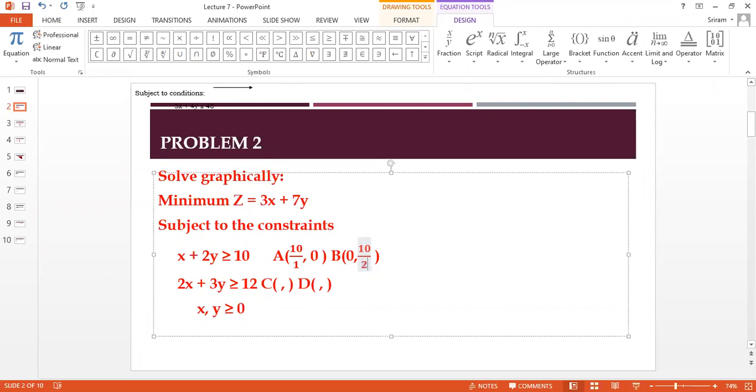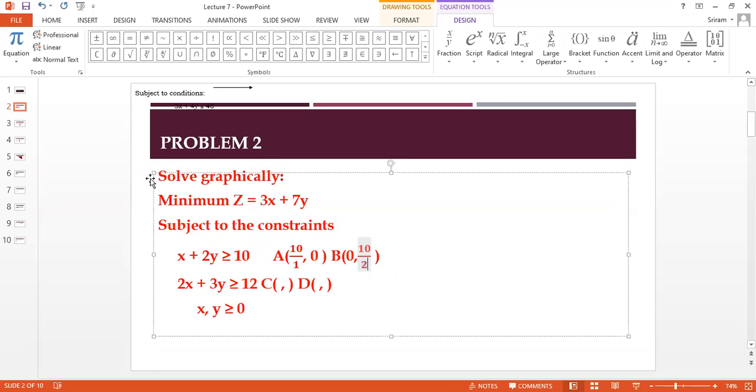So to find the first point, we take the right hand side and divide by the coefficient of x. For the second point, we divide the right hand side by the coefficient of y. 10 by 1 is 10, 10 by 2 is 5.